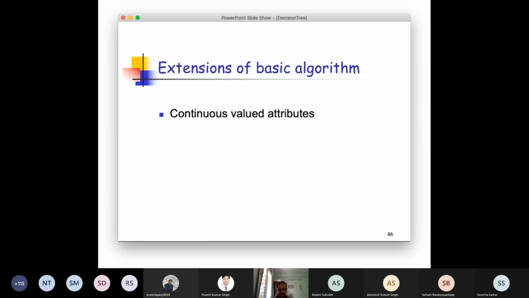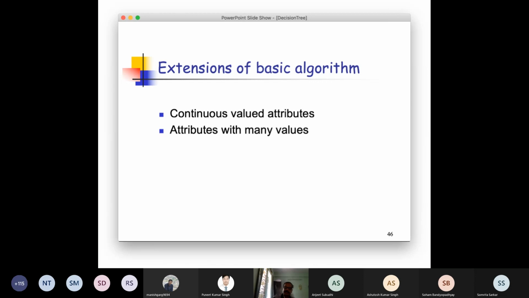Now, I mentioned the ID3 algorithm, where we have considered the attributes to be discrete. But you know that you could have situations where you will have continuous valued attributes. So you require some extensions of that basic algorithm. You have to modify it. So one thing is continuous valued attributes. Then another thing would be an attribute with many values.